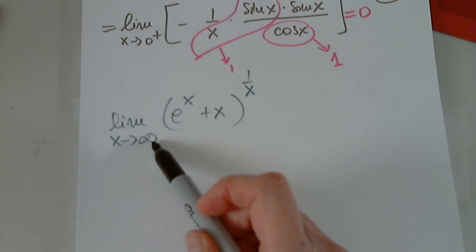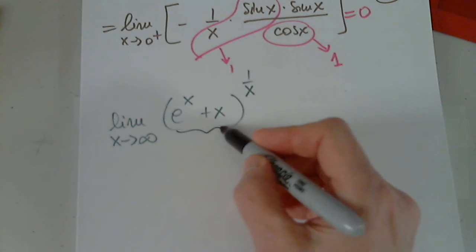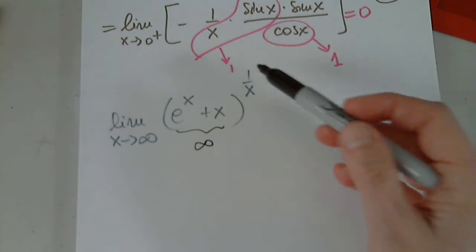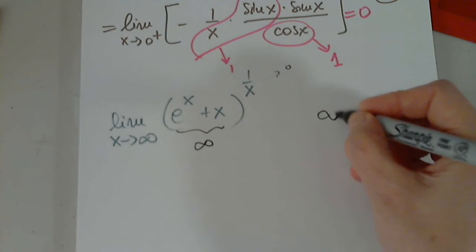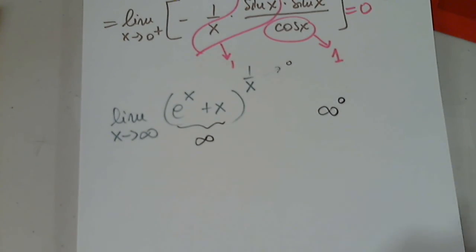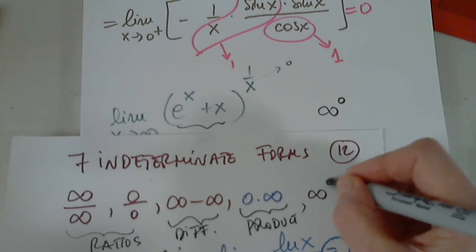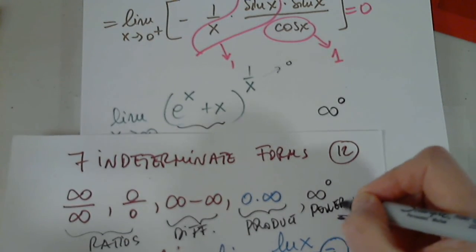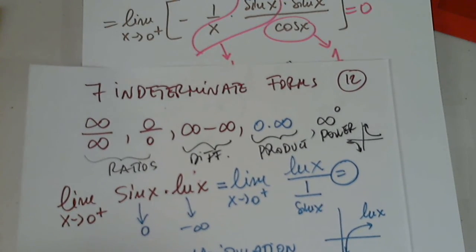So infinity plus infinity, this is infinity. 1 over infinity is 0. So infinity raised to 0 is the next indeterminate form, and it's a power. Okay?